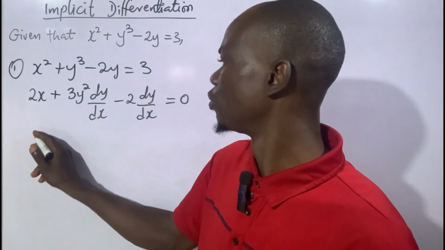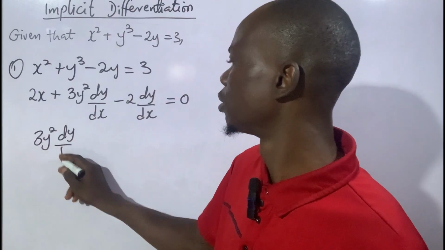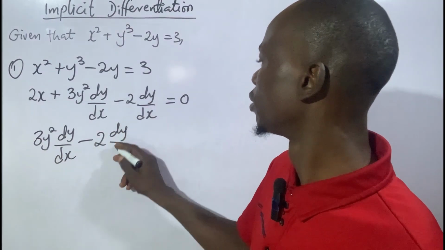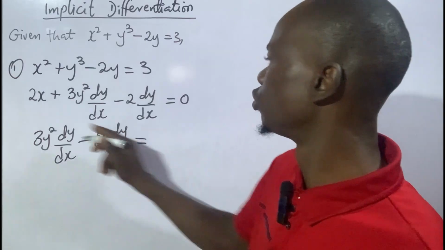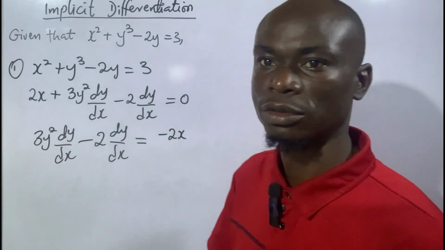Then make dy/dx stay on the left, so we have 3y squared dy/dx minus 2 dy/dx equal to minus 2x.